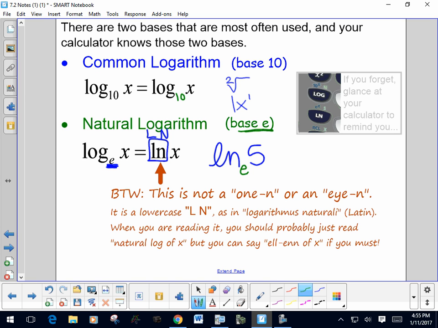And by the way, it is not 1n, it is not in, it is ln. The L is for log, and the N is for natural, sort of Latin-y. But when you read it, you should say natural log of x, or natural log of 5. Some people do say ln of 5 or ln of x, but it's more proper to just say natural log.